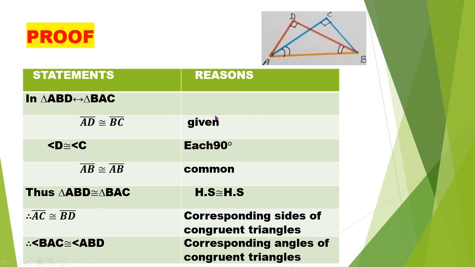Therefore side AC is congruent to the side BD, corresponding sides of congruent triangles, and therefore angle BAC is congruent to the angle ABD, corresponding angles of congruent triangles. This is the whole thing we have to prove in this question.